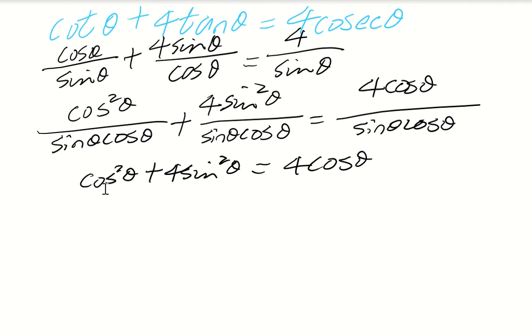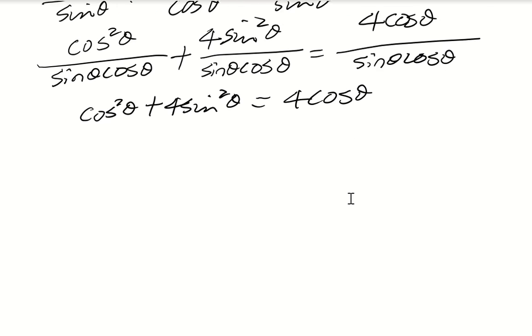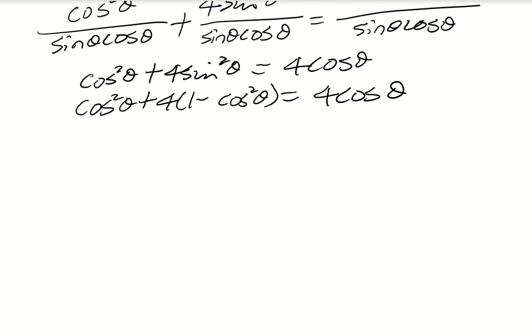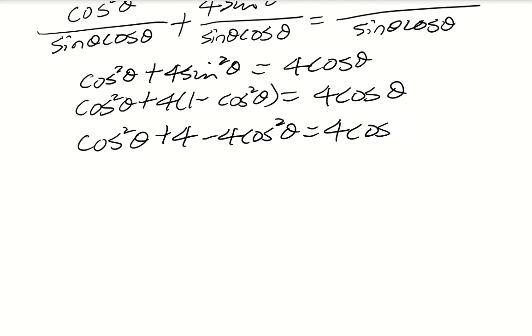I got cos square theta, I got sine square theta, I got cos theta. I'm just going to apply the trig identity again. So I've got cos square theta plus 4 times (1 minus cos square theta) equals 4 cos theta. Then I will have cos square theta plus 4 minus 4 cos square theta equals 4 cos theta.